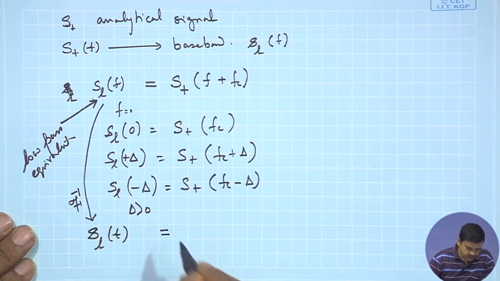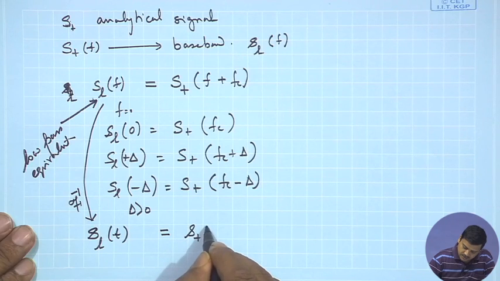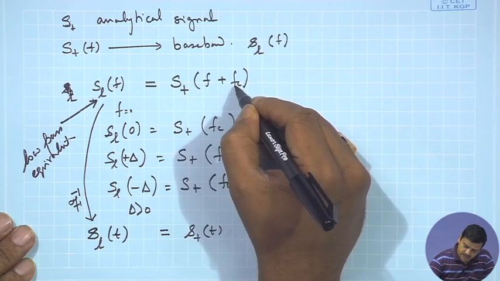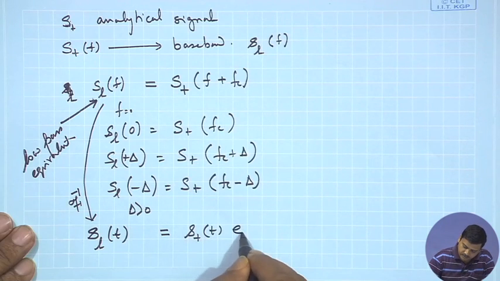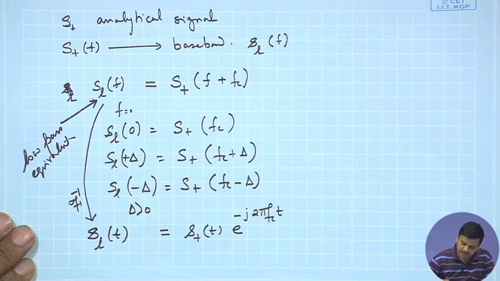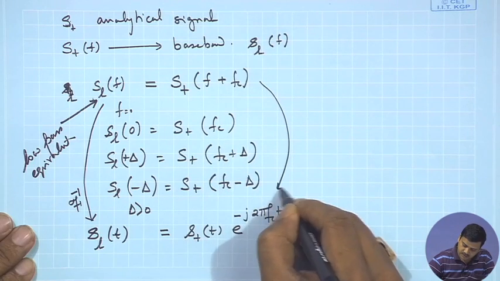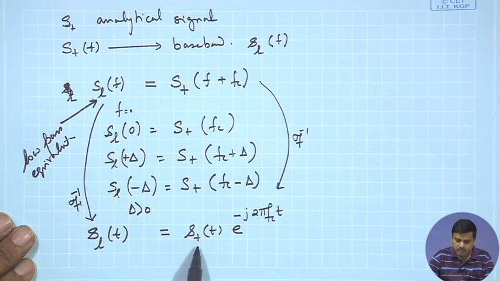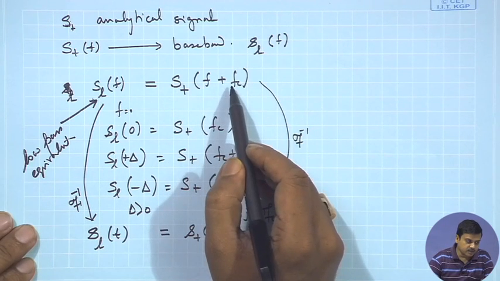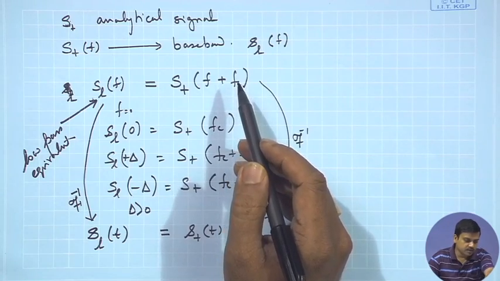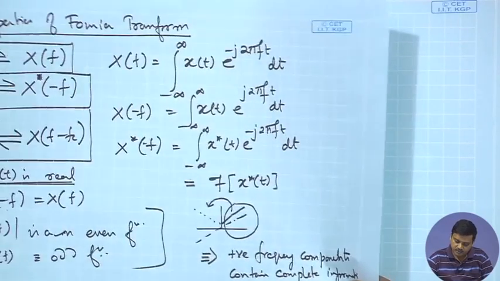So, we are going to get S_plus of t, but there is a scaling, and that scaling would mean e to the power of minus j 2 pi f_c t. The inverse Fourier of S_plus would relate to this, as well as this would lead to scaling. We have already seen such relationships here.